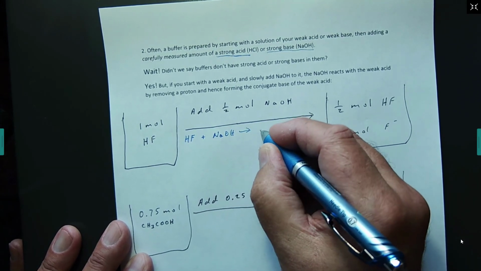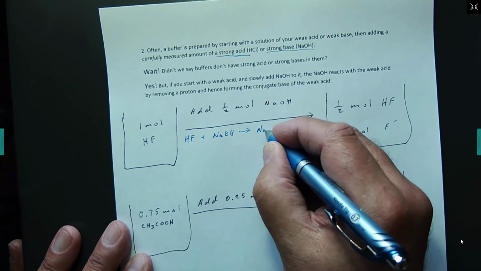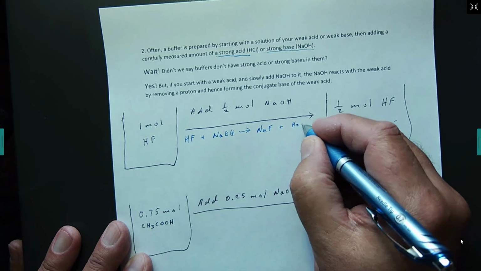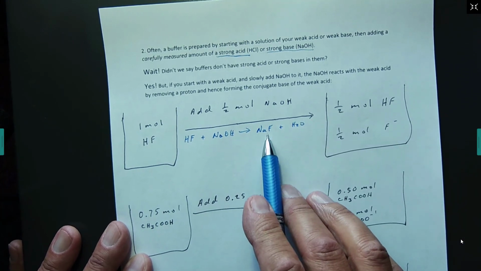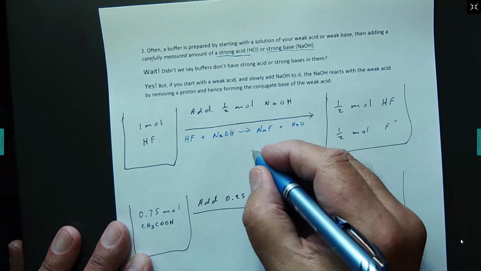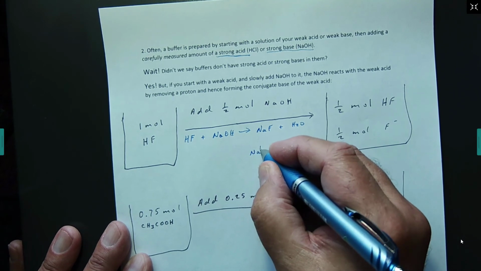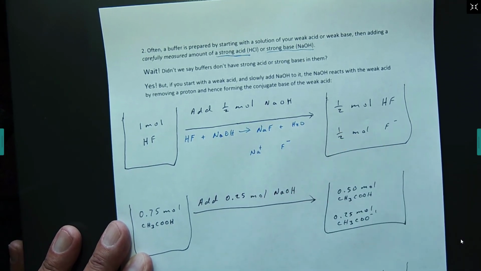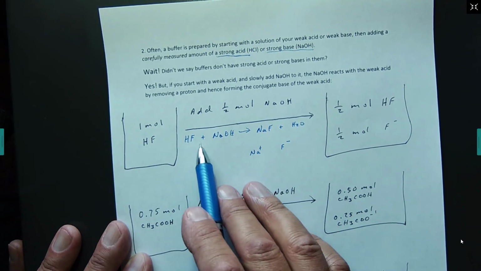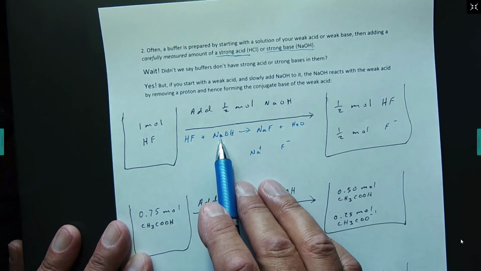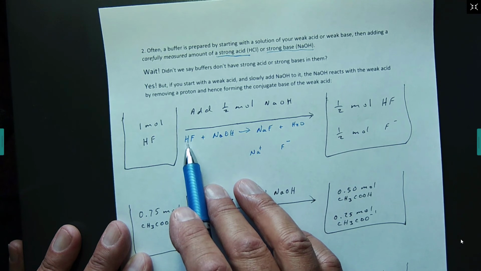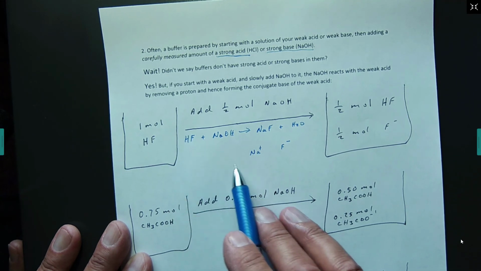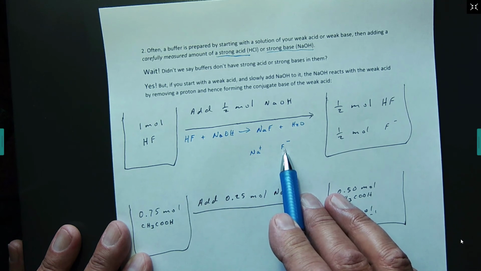It's going to make NaF, which is sodium ions and fluoride. So what the sodium hydroxide is doing is turning some of the hydrofluoric acid into the conjugate base.